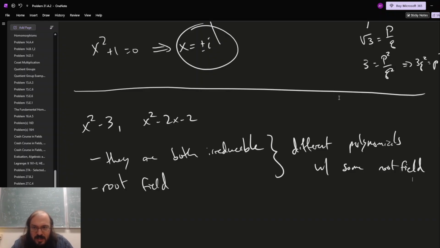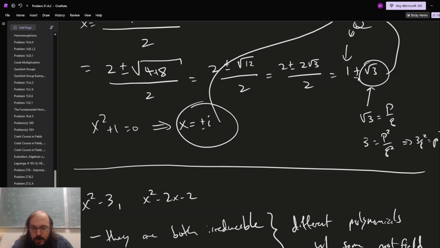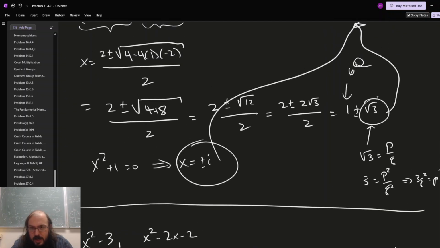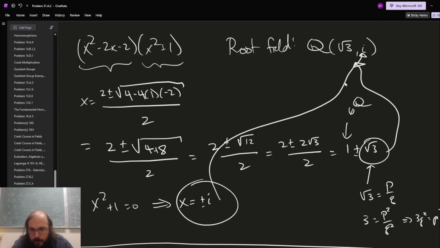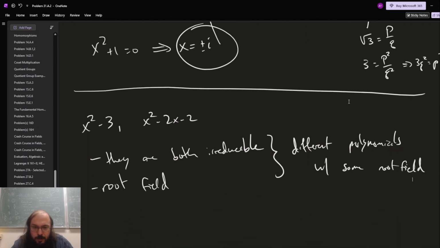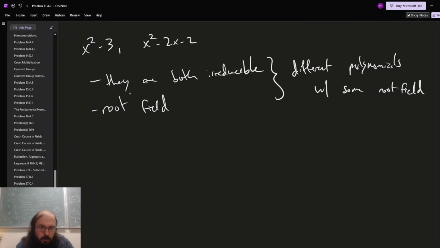In other words, the root field is not an invariant all by itself. That should make some amount of sense in light of this example, because the square root of 3 is the part that determines the root field. If I was instead dealing with 2 plus or minus square root of 3 or 5 plus or minus square root of 3, all those things would still be in Q, right? So we would still have the same square root of 3 contribution to the root field. And in fact, that's exactly what happens here, because we calculated the roots of the second thing already.